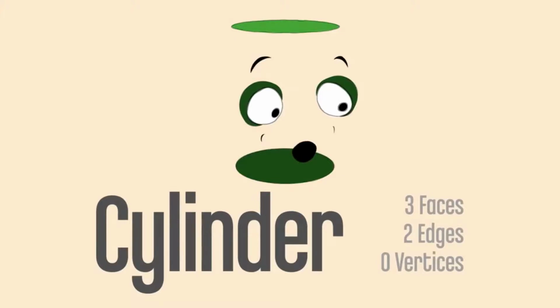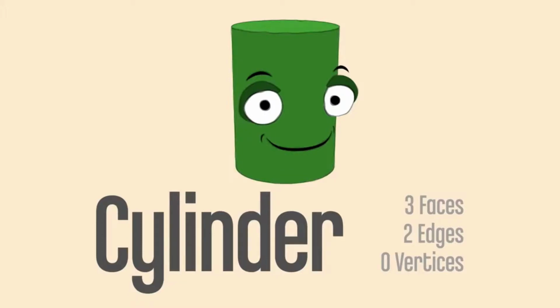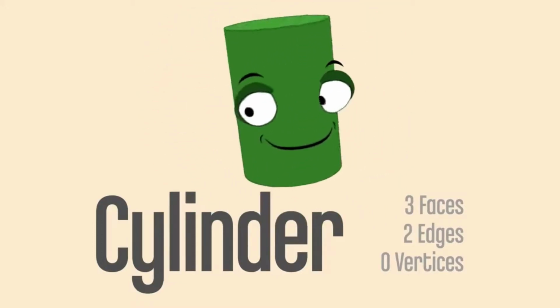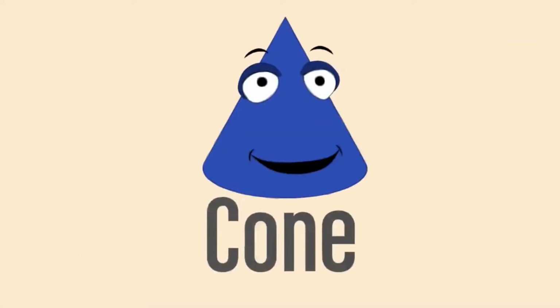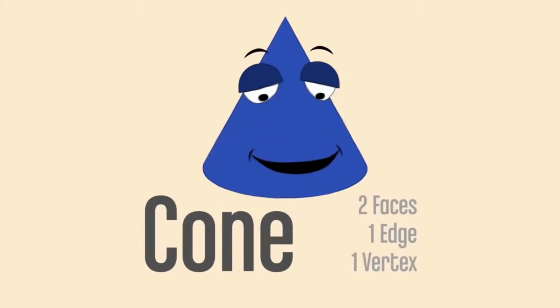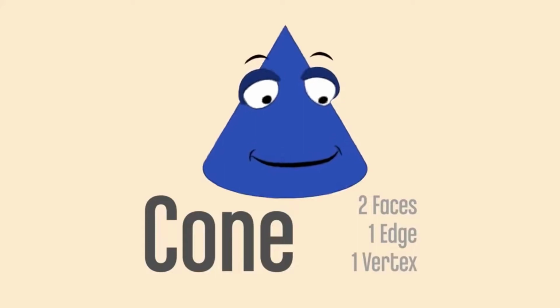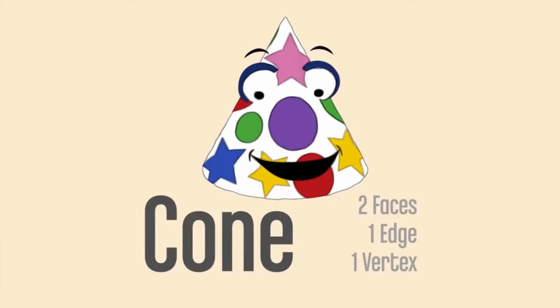My other face stretches all around, joining up like a tube. I am a cone with a circle at my base, stretching up to a point at the top, just like a party hat.